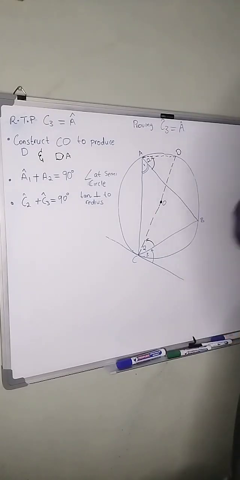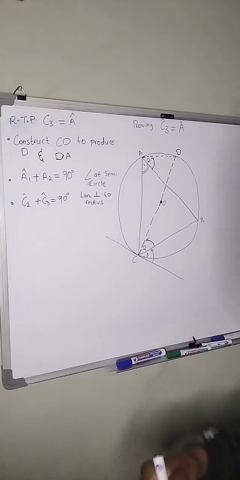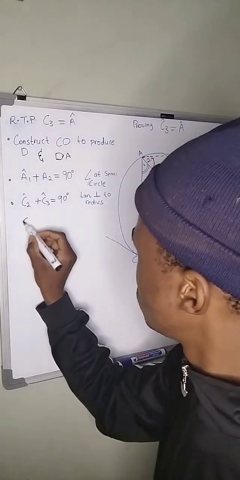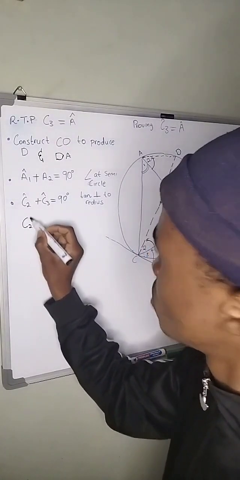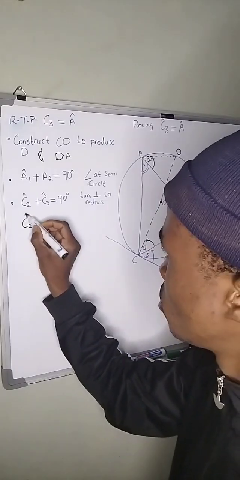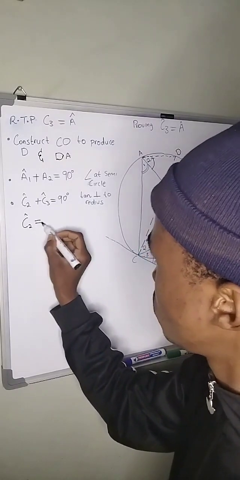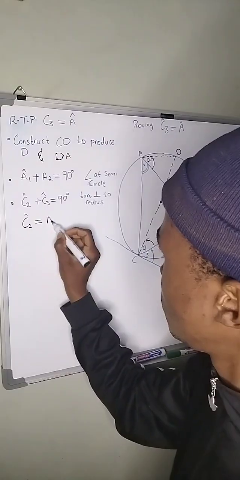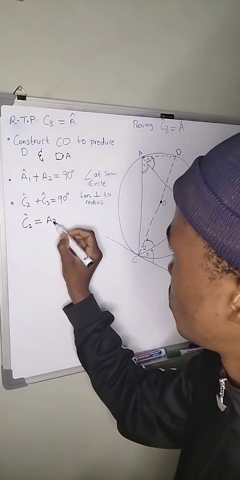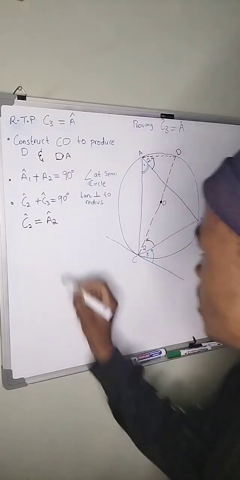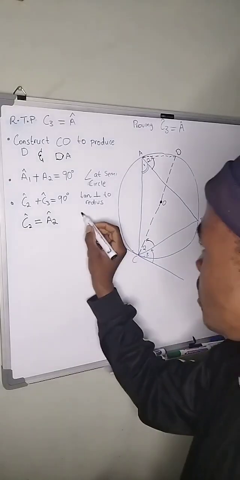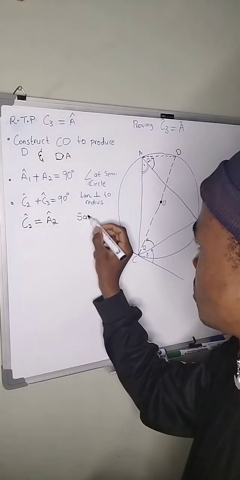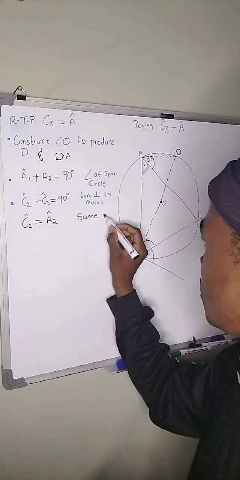So I'm going to say C2 is going to be equal to A2. Reason: same segment.